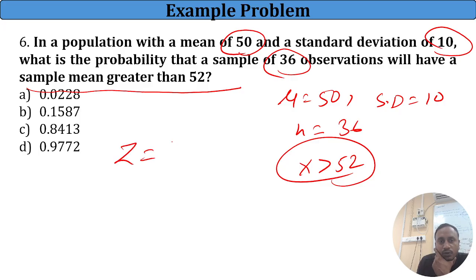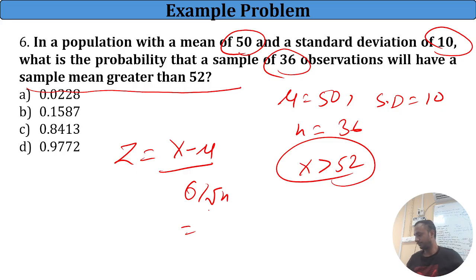First step is to calculate x minus mu upon sigma upon root n. Just tell me the value of z. I'll wait for 2 minutes.